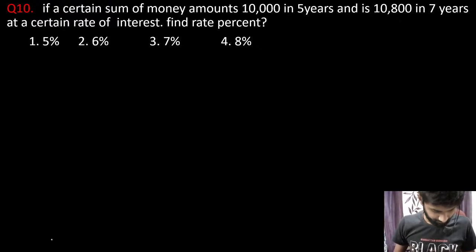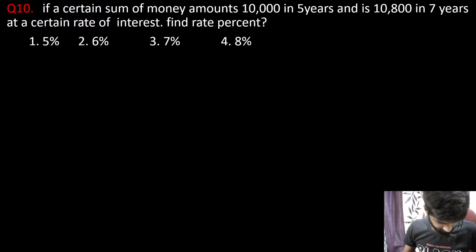Try the next one. See, a certain sum of money amounts to 10,000 in 5 years and 10,800 in 7 years at a certain rate of interest. Find the rate of interest.